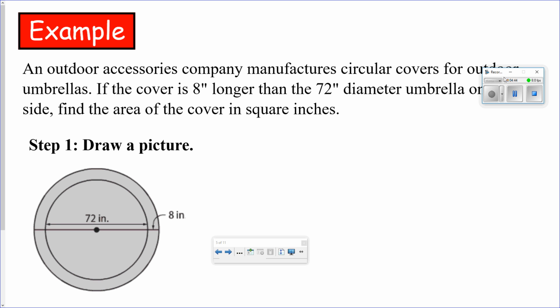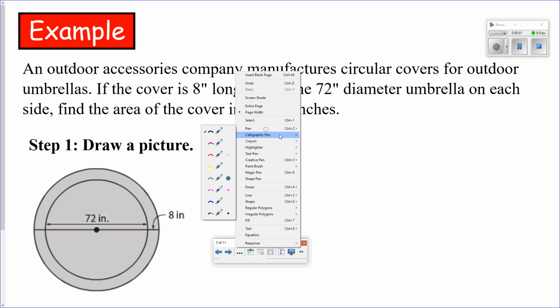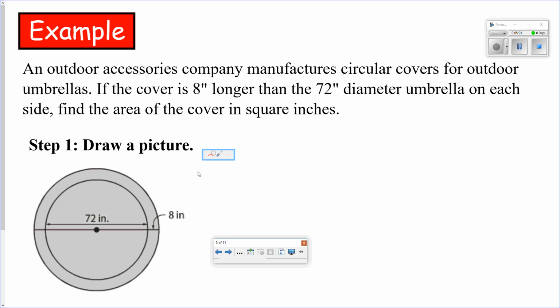Outdoor Accessory Company makes circular covers for outdoor umbrellas. If the cover needs to be 8 inches longer than the 72-inch diameter umbrella on each side, find the area of the cover in square inches. Drawing a picture is going to help a lot here because you can picture what's going on. This has to be 8 inches and this has to be 8 inches.